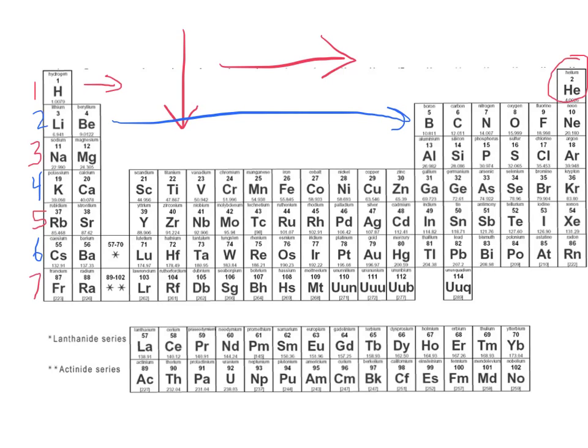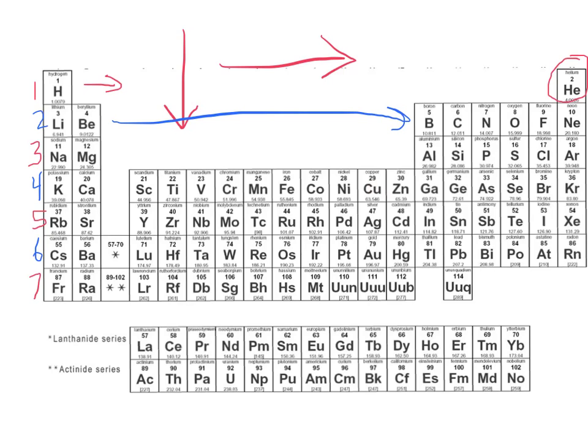So I could say, how many energy levels does copper have? And you'd say, okay, it's in the 4th period, so it must have 4 energy levels. And of course it has 29 protons and electrons, and its mass is 63. So the periods and the families can tell you quite a bit.